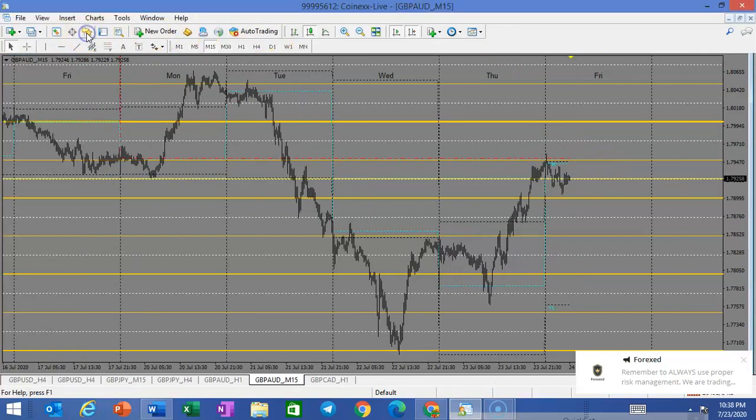Okay, so these are all indicators that I use as confluence to help me form a bias, to help identify where price action is moving to next. And the best way to do that is to know what the institutional levels are, is to know previous day high low, and is to know weekly and daily opening.